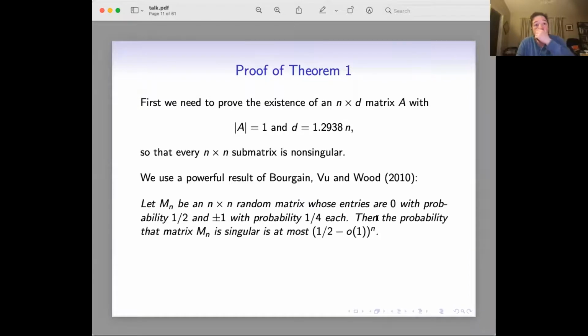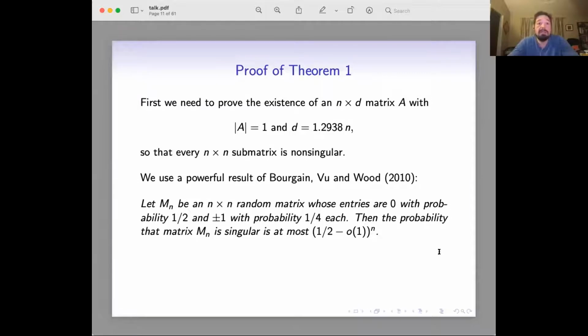Okay. For this, we use a deep result of Bourgain, Vu, and Wood from 2010, which says that if M_n is a square n by n random matrix with entries 0, plus or minus 1 chosen in the following way: 0 is chosen with probability 1/2, and plus or minus 1 with probability 1/4 each.